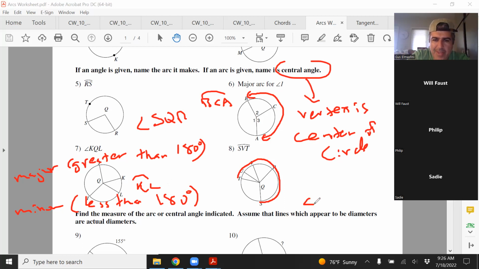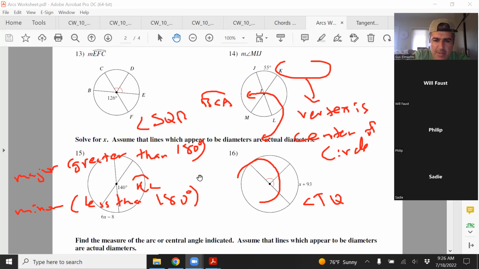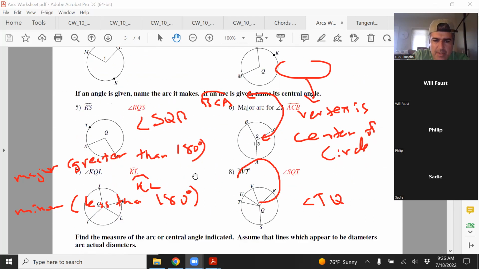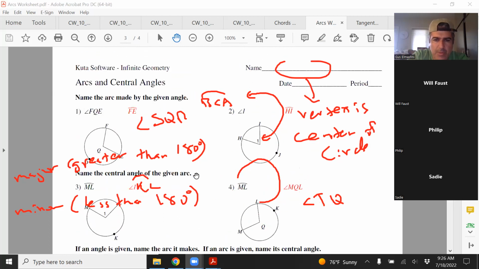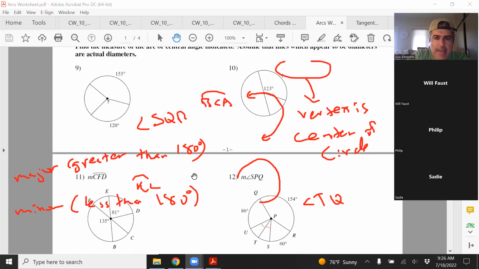That's kind of weird. I'd say it's angle TQS. I'm not sure I would actually say it's TQS. That's a major arc, obviously. Let's see what the answer key says. That's weird. Don't worry about that one.